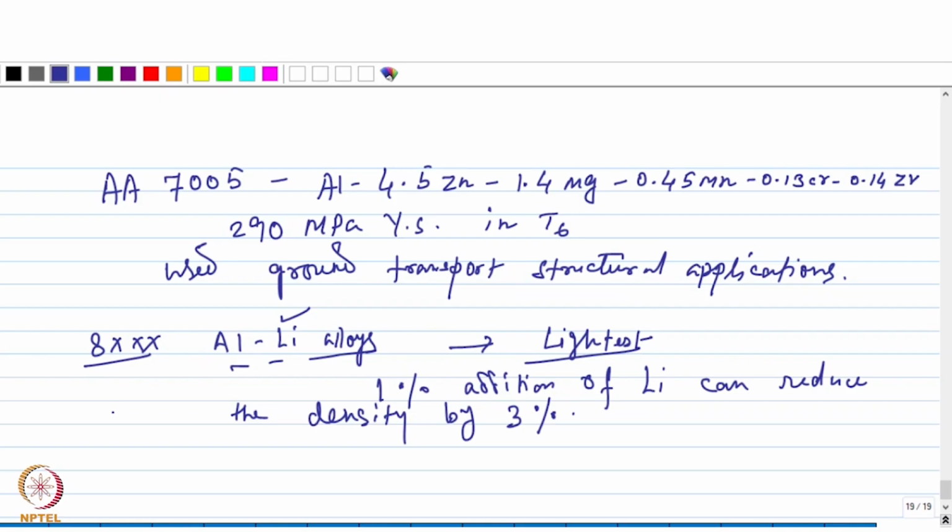Okay. So here, you have lithium. So you have a lithium bearing precipitate forming, and the sequence is quite simple here.